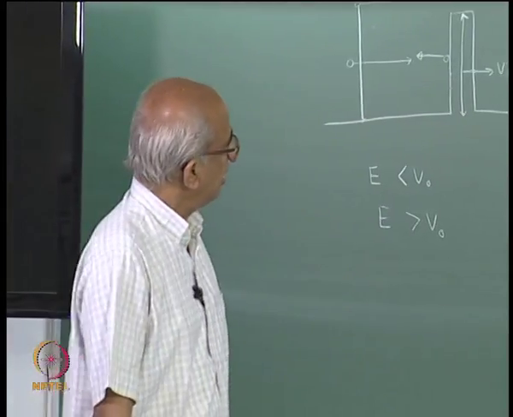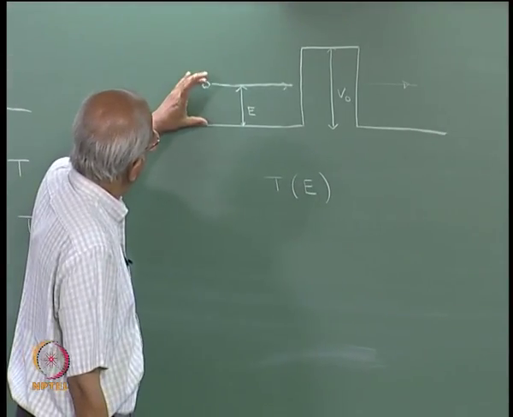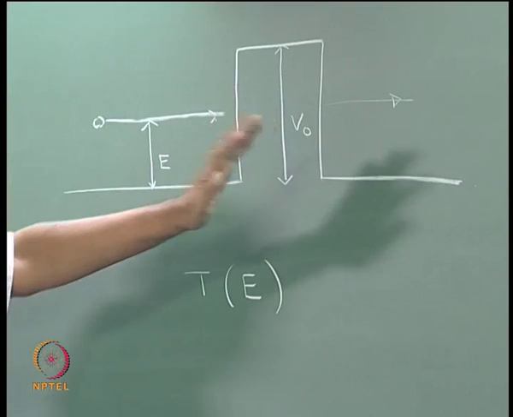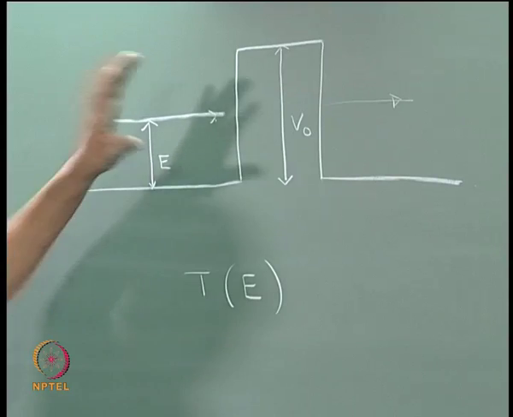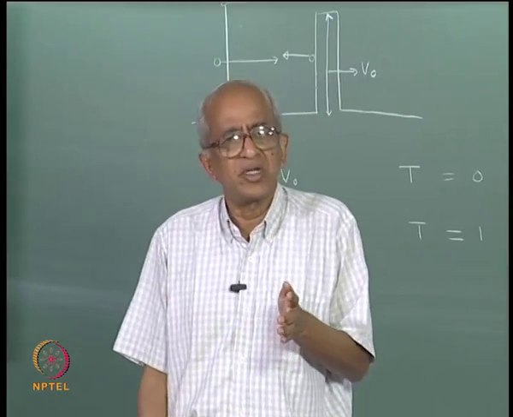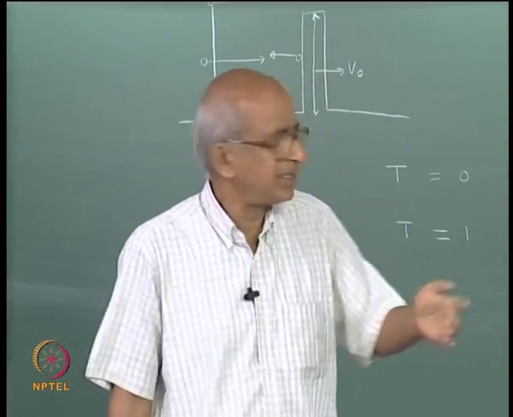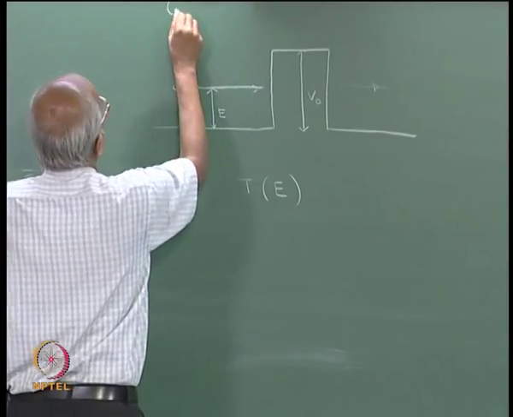Okay. And because the particle can pass through the other side, even in the case where it does not have enough energy to overcome the barrier, one says that the particle has actually tunneled through the barrier, and this process is referred to as quantum mechanical tunneling.